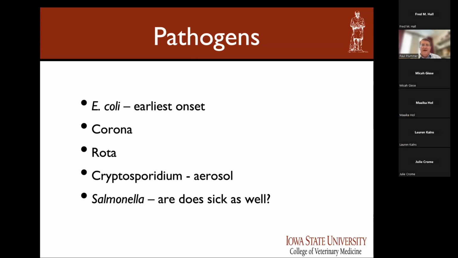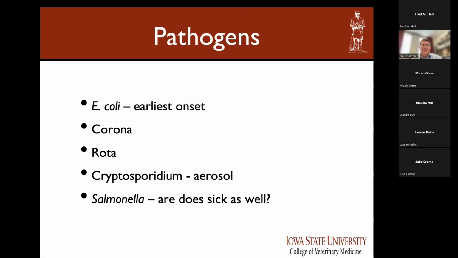Corona and rotaviruses, certainly we can see in this neonatal period, but they take a little bit longer onset. And so a lot of times we're not seeing those until later in the first week into the potential second week. And so I don't want to discount them at all. But I will also say that many times when we have a rota or a coronavirus issue, we actually have concurrent others.